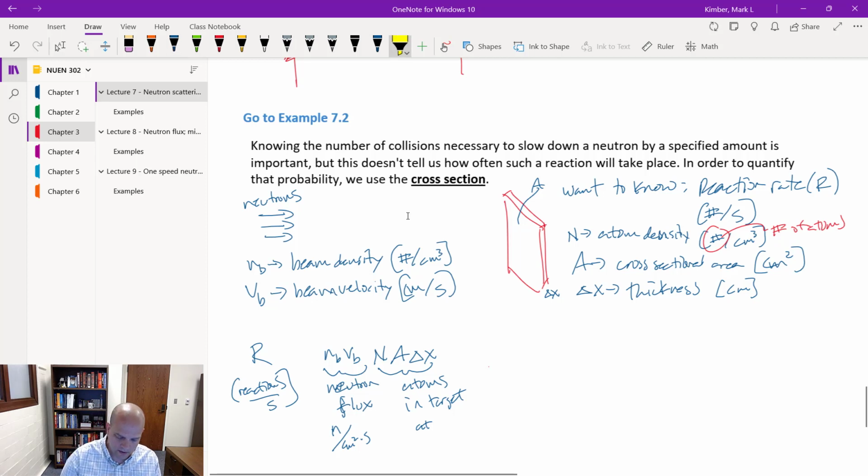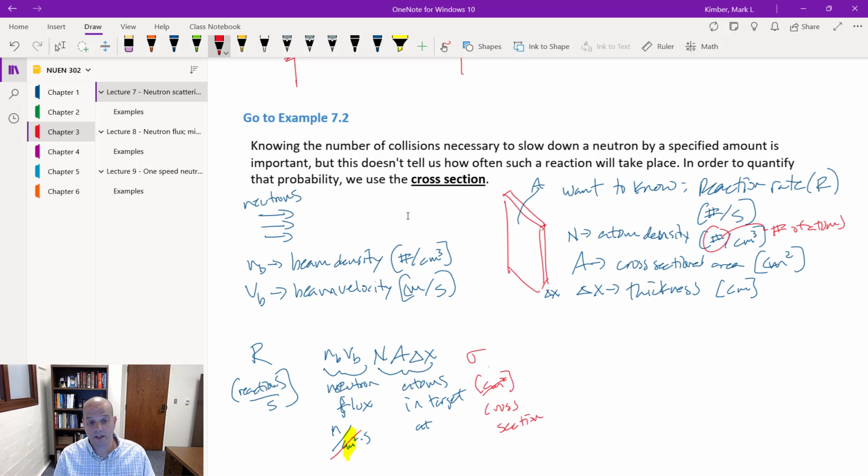Well, I just need to get rid of this area here. And if I have one more parameter over here, we're going to call this sigma, that has units of centimeters squared, has units of area, then this will then cancel with my area unit here. This is called the cross section, and this is a material dependent number.